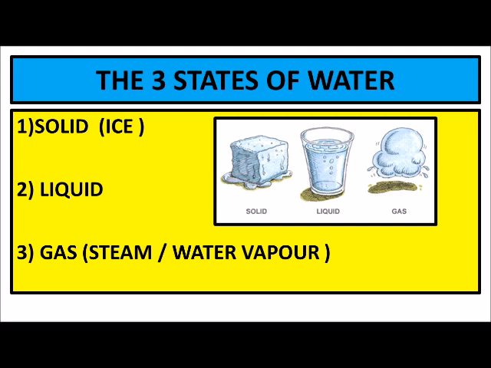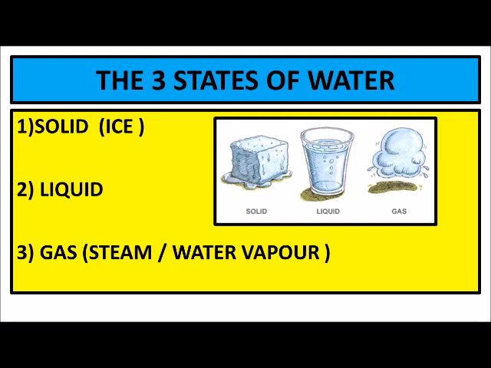So we came to know about the three states of matter, and we are very fortunate that water, which is available all around, exists in all the three states of matter depending on the climatic conditions available to it.